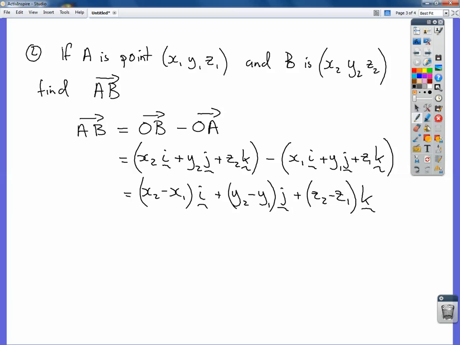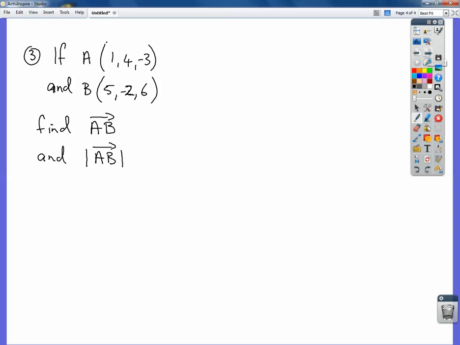Let's apply that to an actual problem. A is the point 1, 4 and minus 3, x, y and z. B is the point 5, minus 2 and 6. Let's find vector AB.